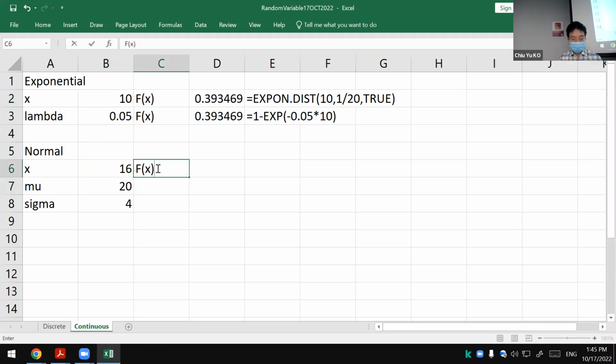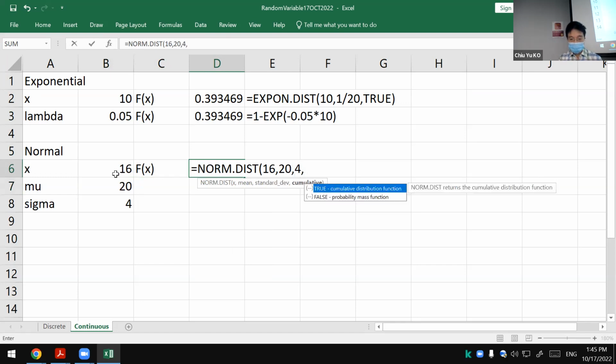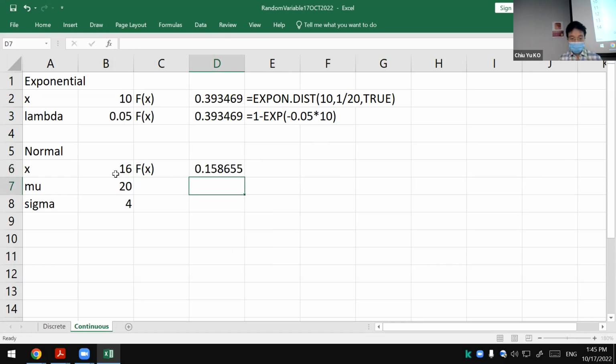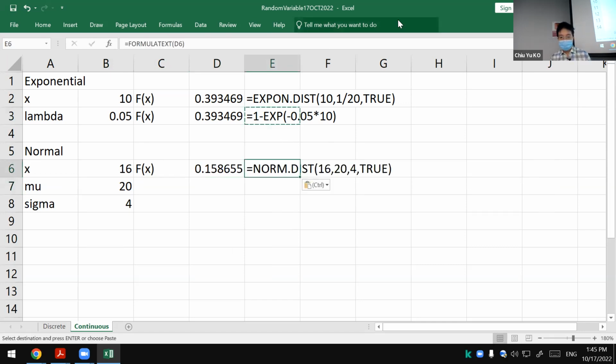That's F of x, and how do you do that? It's just NORM.DIST, with x 16, mean 20, sigma 4, and then use true. Just to remind you, this is exactly a bell curve of x.